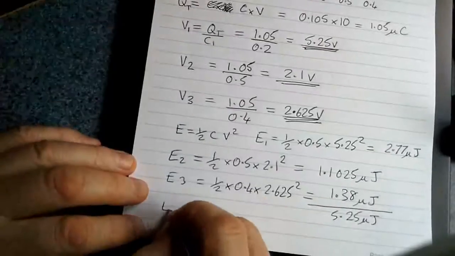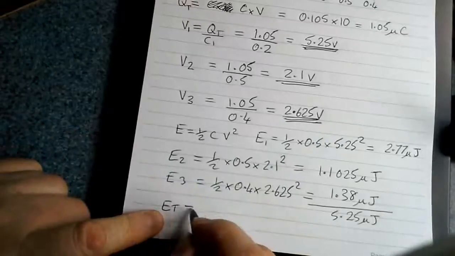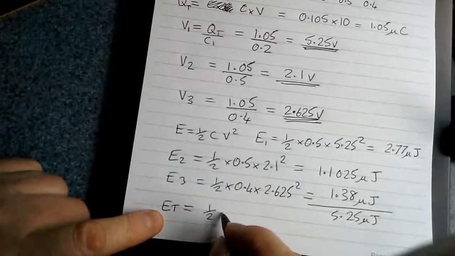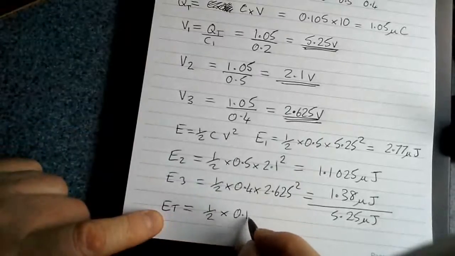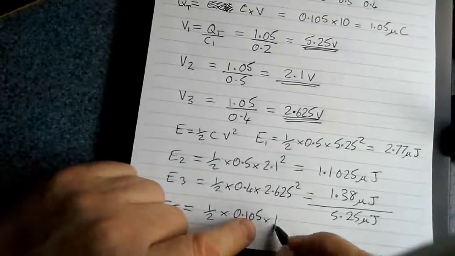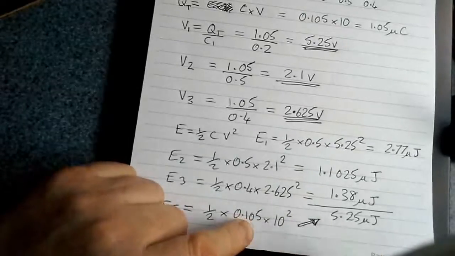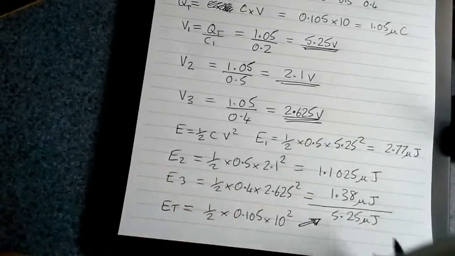So ET, we'll call it, total energy, equals a half times 0.105 microfarads, the total capacitance, times 10 volts squared, and that also comes out at 5.25 microjoules.